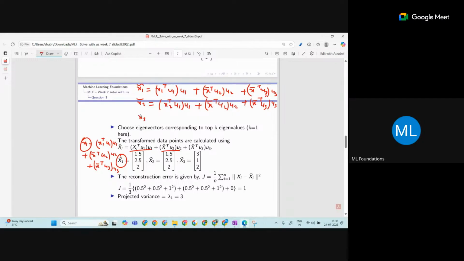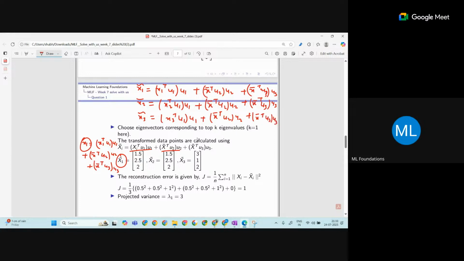Now x3 tilde is going to be x3 transpose u1, plus x mean transpose u2 outside u2, plus x mean transpose u3.